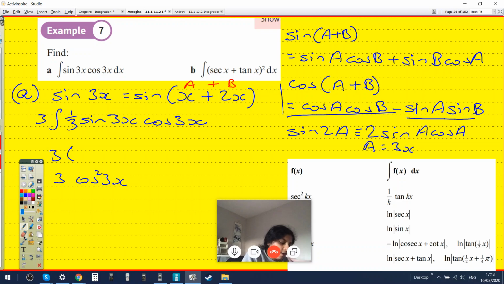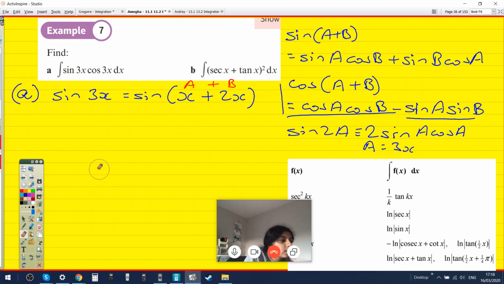You could just take half out. And then minus 1/6 cos 6x plus c, which should then give you minus 1/12 cos 6x plus c.